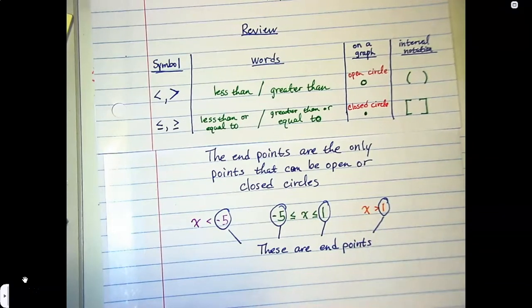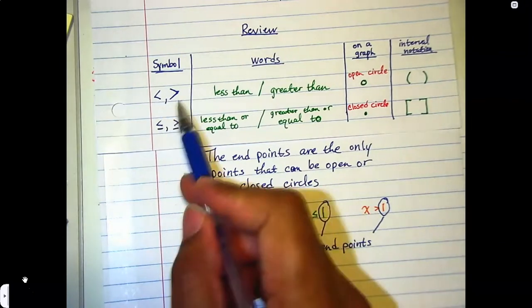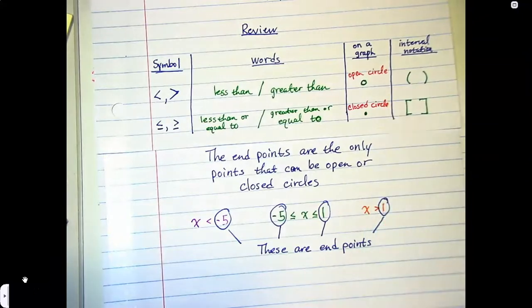So with these endpoints, we have to tell whether they are open or closed. That comes from the table we just reviewed. We said if it's less than or greater than, we have an open circle on the graph.